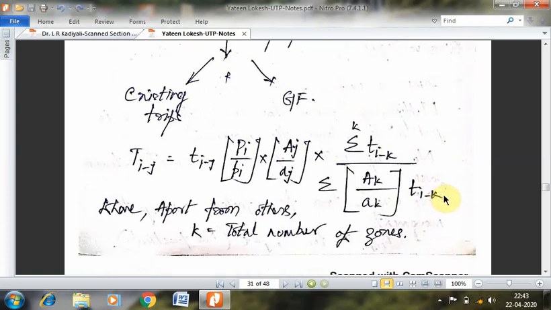Now here this parameter k represents the total number of zones that we have considered for trip distribution process. So it usually ranges from 1 to k, even here from 1 to k.